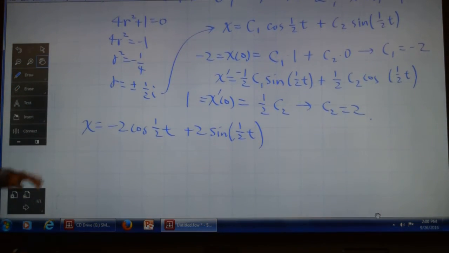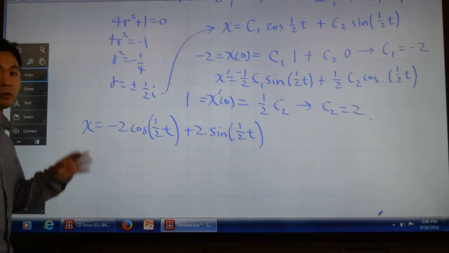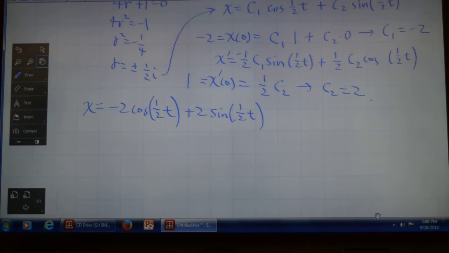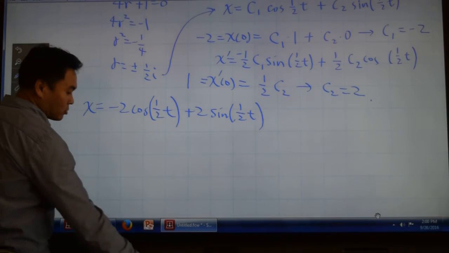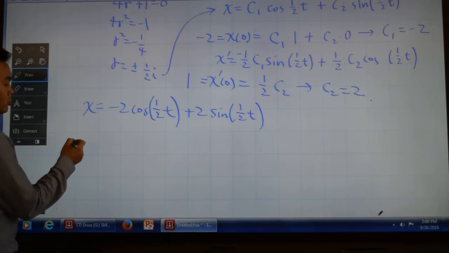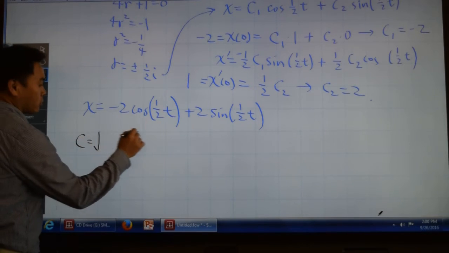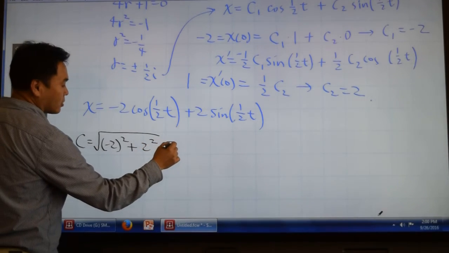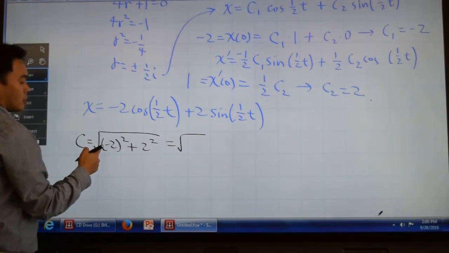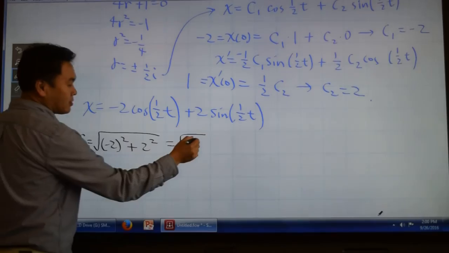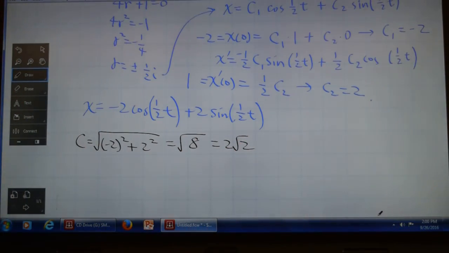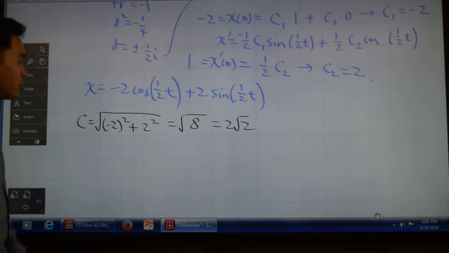Now we have to turn this into a single cosine, using two formulas. C is equal to the square root of negative 2 squared plus 2 squared, which is the square root of 4 plus 4, or 8. That's 2 radical 2, or 2.828. That's the value of your C.